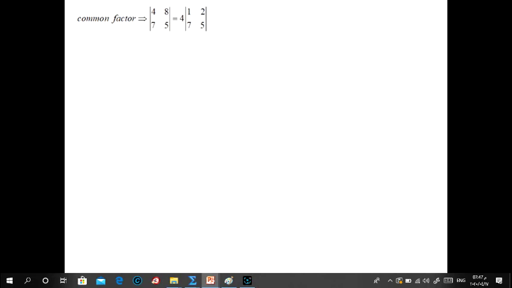The first property is called the common factor. If we are using a matrix, the common factor is being taken from all of the elements. However, in the determinant, we are taking a common factor from only one row or one column. One row, any row or any column if exists.